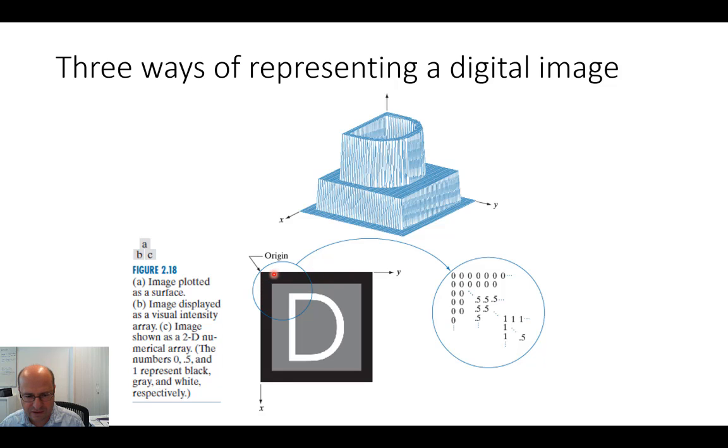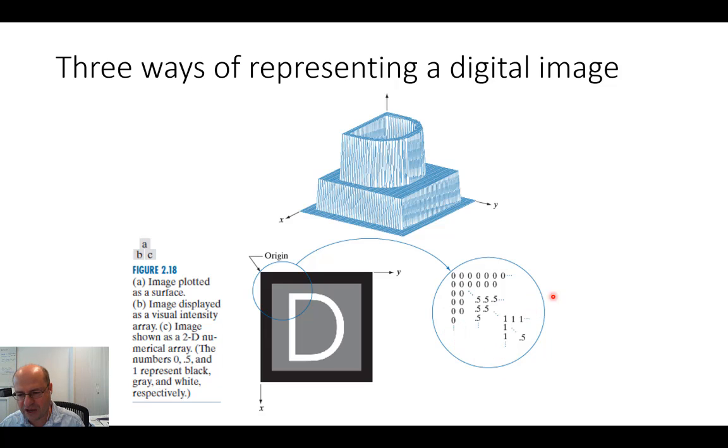Or as a bidimensional visual intensity array, which is this representation here, what we're going to use throughout this course, the vast majority of image processing and computer vision algorithms that we're going to see.